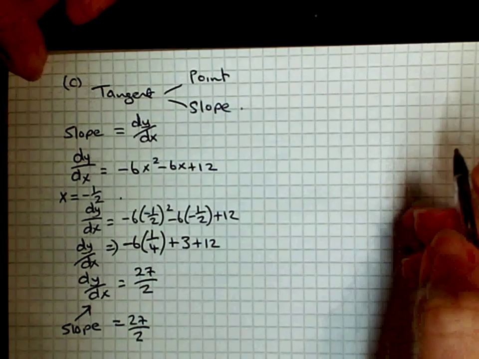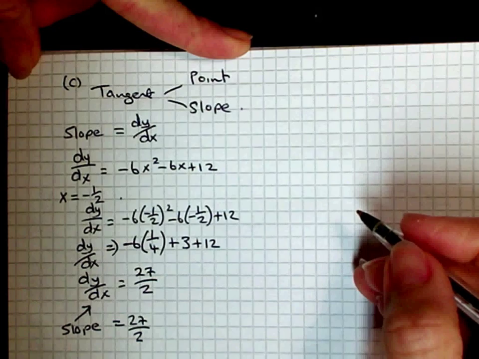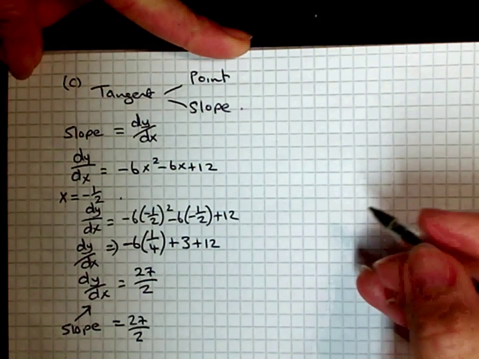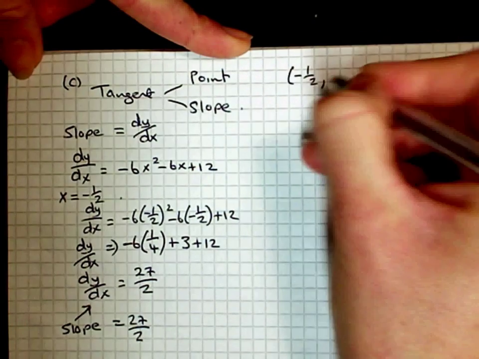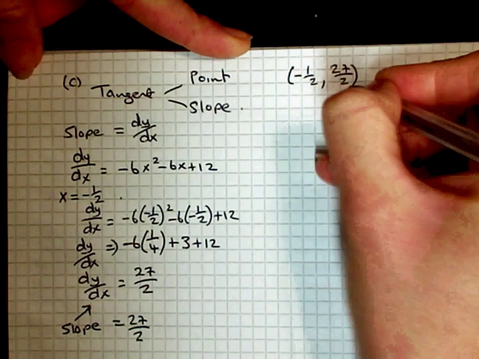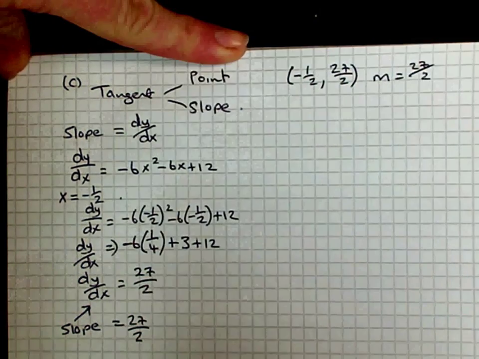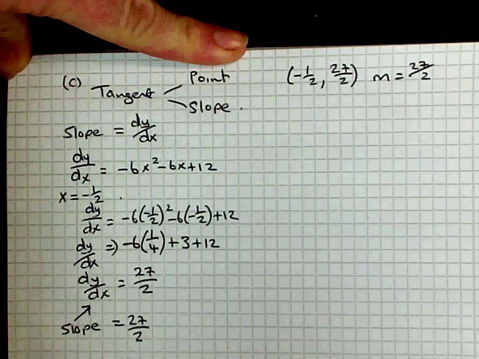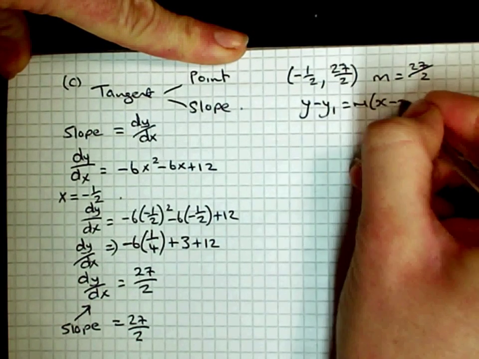So we take our point of inflection, because we're looking for the tangent through the point of inflection. So our point is minus a half and 27 over 2, and our slope is equal to 27 over 2, and we just find the equation of a line. So y minus y1 is equal to m into x minus x1.